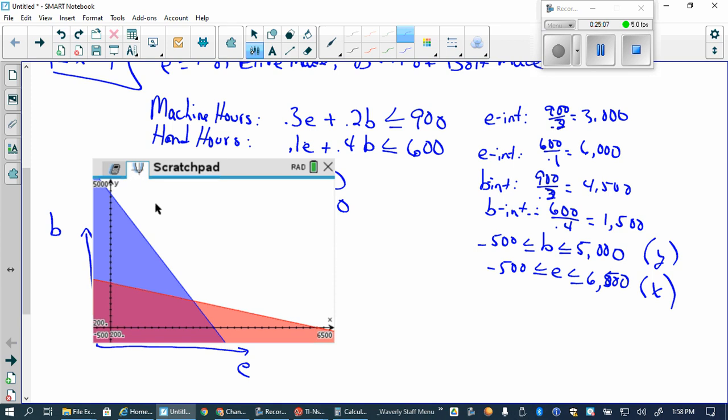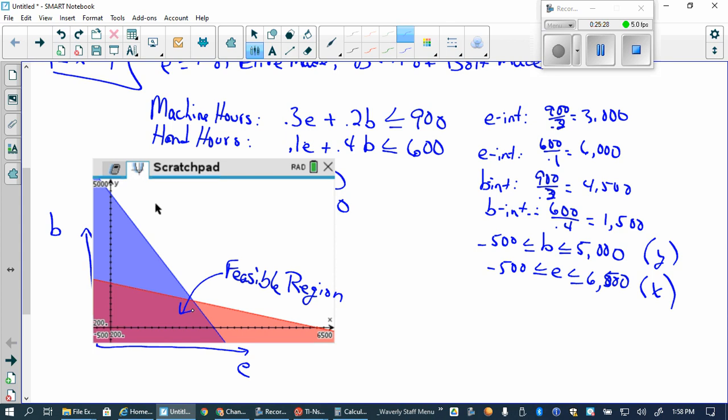So this region, that quadrilateral that's bounded by all four of those constraints, okay, this is called the feasible region, right? That's this region right in here.